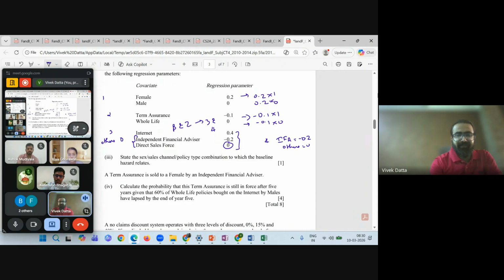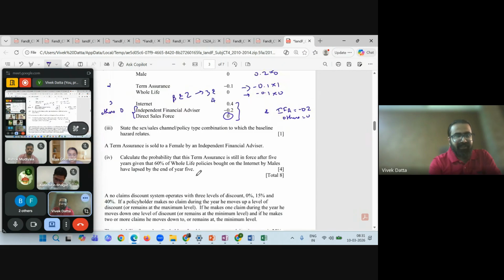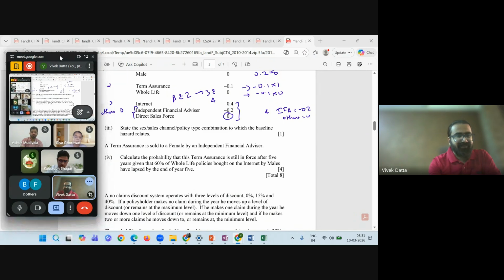Try and solve it. Let me see how you can use your actuarial skill sets here. I'll give you 2 minutes. And if you can't, type the first line or write the first line, then we'll discuss. But try. Let me see.